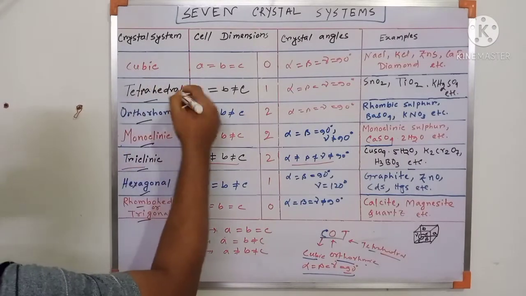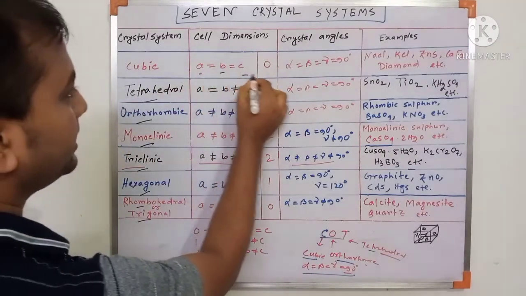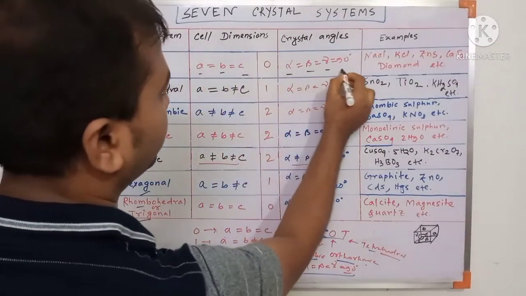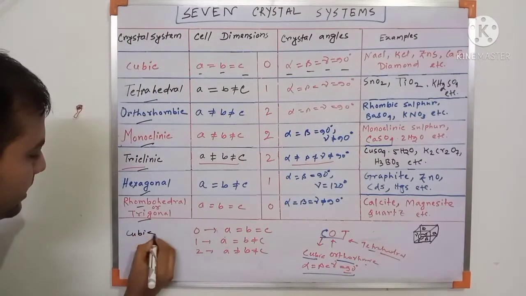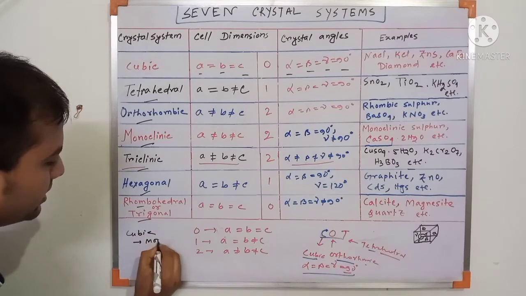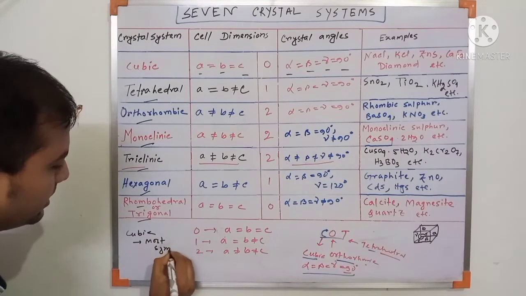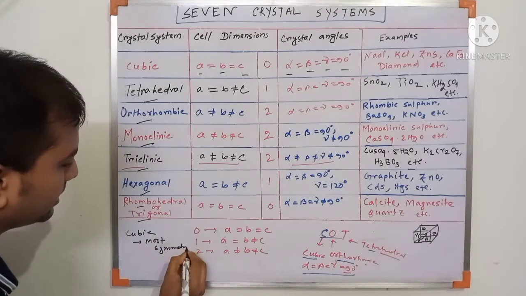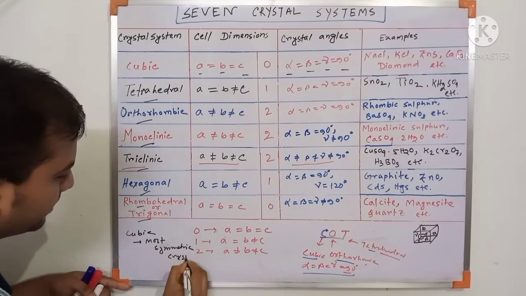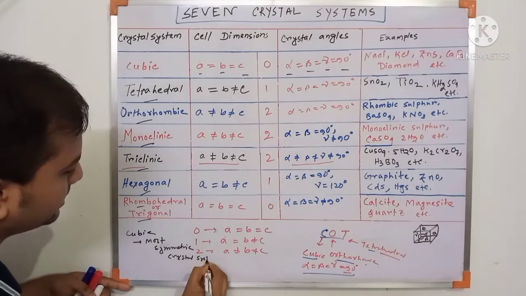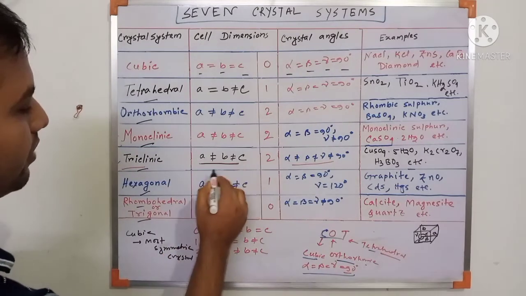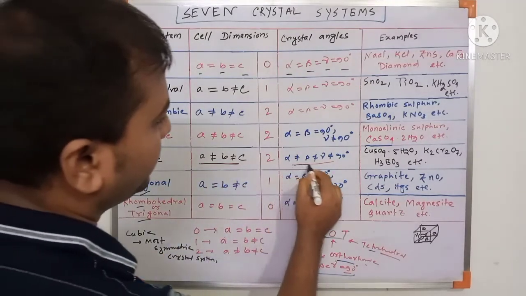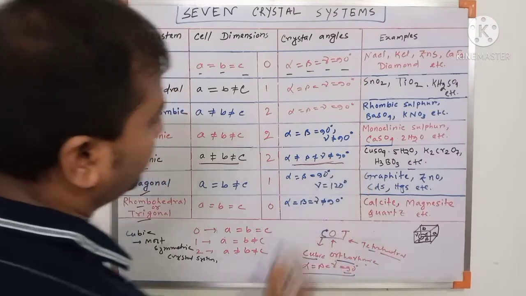Now in case of cubic system, A equal to B equal to C, and alpha equal to beta equal to gamma equal to 90 degree. So both are symmetric. The cubic system is called the most symmetric crystal system. And triclinic has A not equal to B not equal to C, and alpha not equal to beta not equal to gamma not equal to 90 degree.